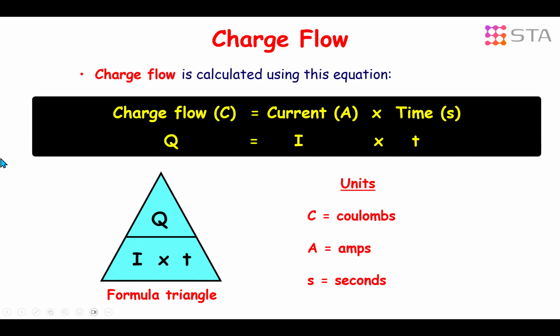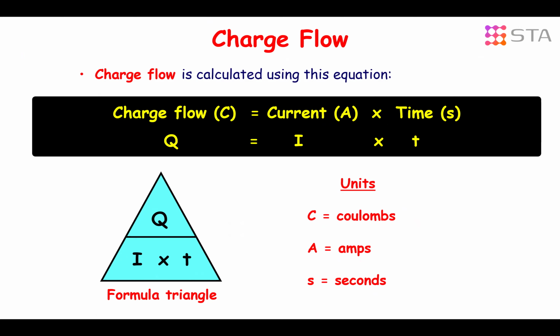So flow of charge, or charge flow, is current times time. If you rearrange that, current is charge flow divided by time. So it is the amount of charge that's flowing in a second past a point in the circuit, just like we said, the teacher in the corridor counting pupils going past in a second.